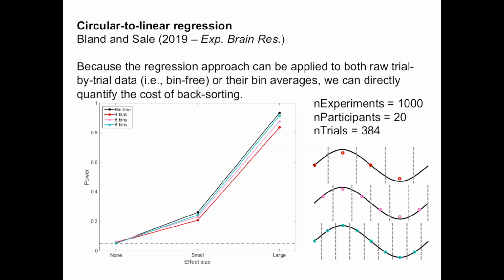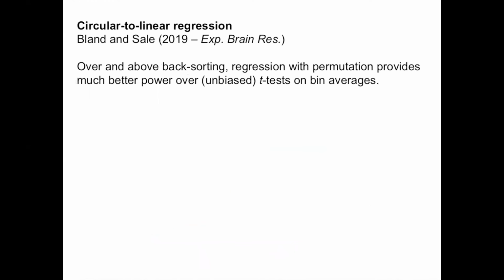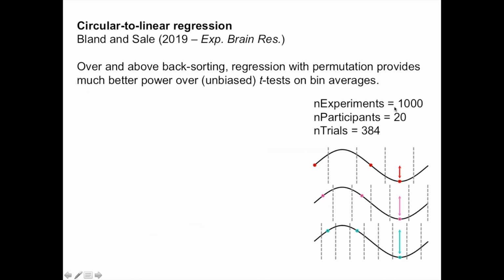But there's still a preference in the literature for more traditional analyses like t-tests. So I want to also contrast the regression approach to those, for example, unbiased t-test approaches that you'll sometimes see. So I've got the same metaparameters that I've run before. I'm going to now run t-tests between the bins adjacent to that used for the alignment procedure, on either side.